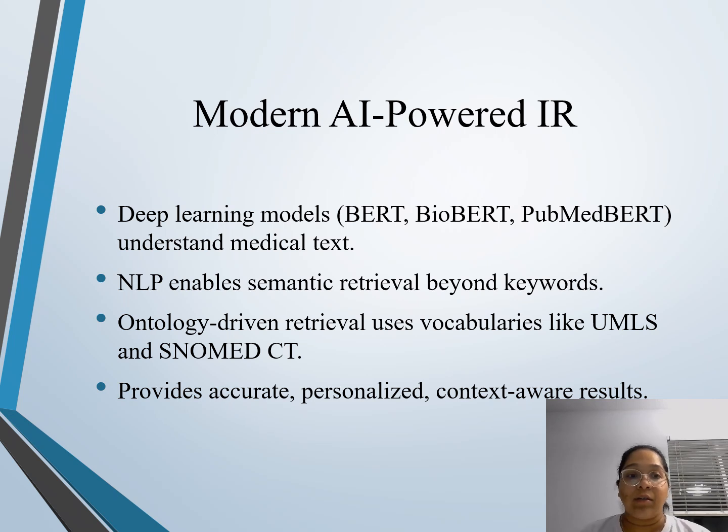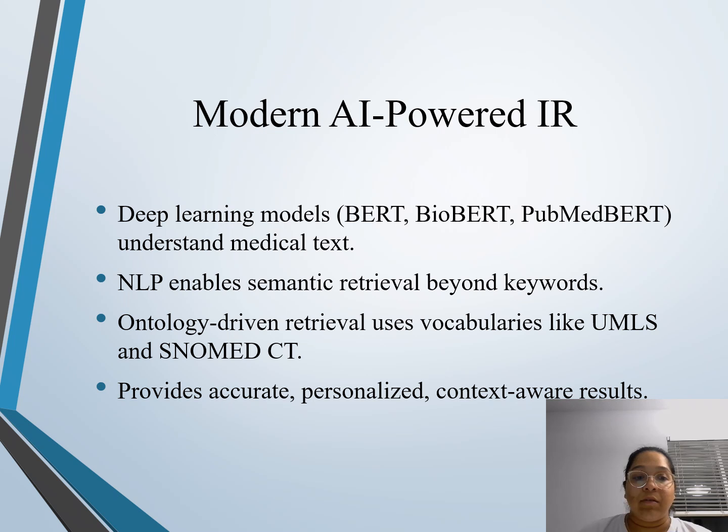If a doctor searches for heart attack treatment, these models understand results related to myocardial infarction, even if the term heart attack doesn't appear in the text. This ability to understand semantic meaning instead of just keywords has made retrieval more accurate and intelligent.